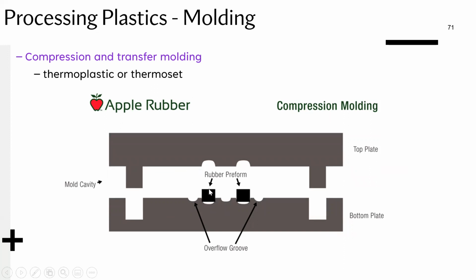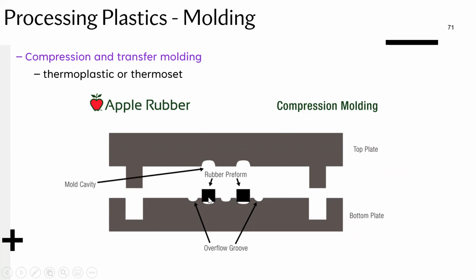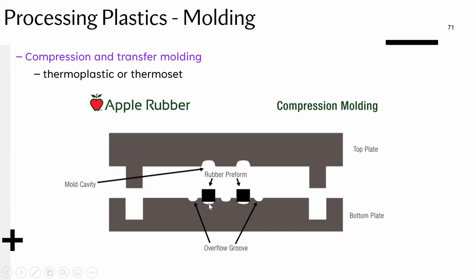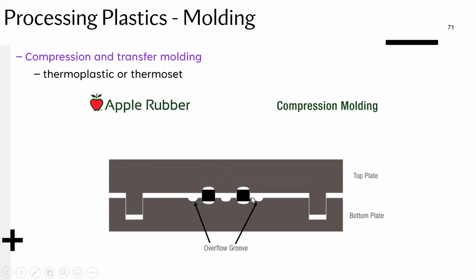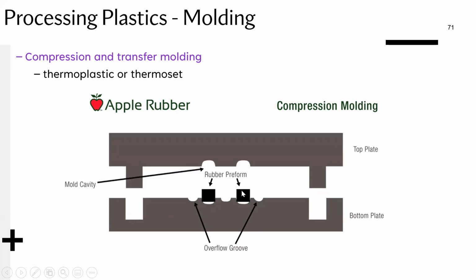So the material is actually molten. Then what's going to happen is the part comes down, is going to squeeze those into the certain shape that you want, and the excess material is going to run all the way into these overflow grooves. And at the end, you're going to get the part with those extended regions, and you need to actually cut those extended regions off to be able to extract the part.